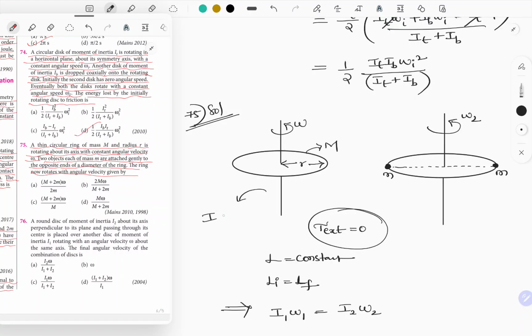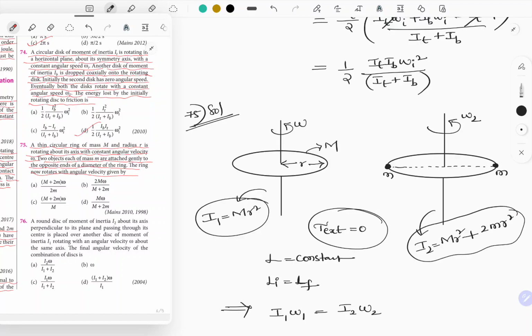So let me represent initial angular momentum. So that is I1. I1 is equal to mr square. What about I2? I2 is moment of inertia of the ring plus moment of inertia of these two masses. It is 2 times of mr square. If any mass is at a distance smaller and rotating about an axis, then its moment of inertia is equal to mr square, right?